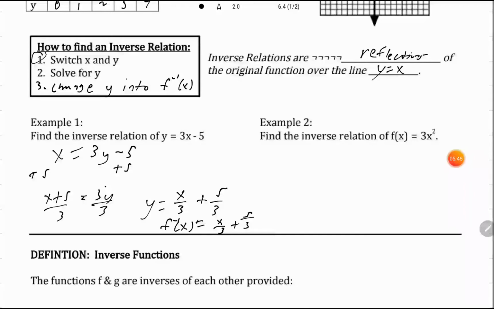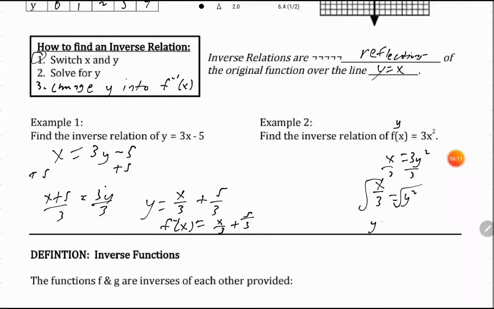Okay, so find the inverse relation of f of x equals 3x squared. Now, don't freak out. This f of x just means y. That's all it means. So we're going to switch x and y. So we got x equals 3y squared. And we divide both sides by 3. Then we have y squared, and then we're going to square root both sides.